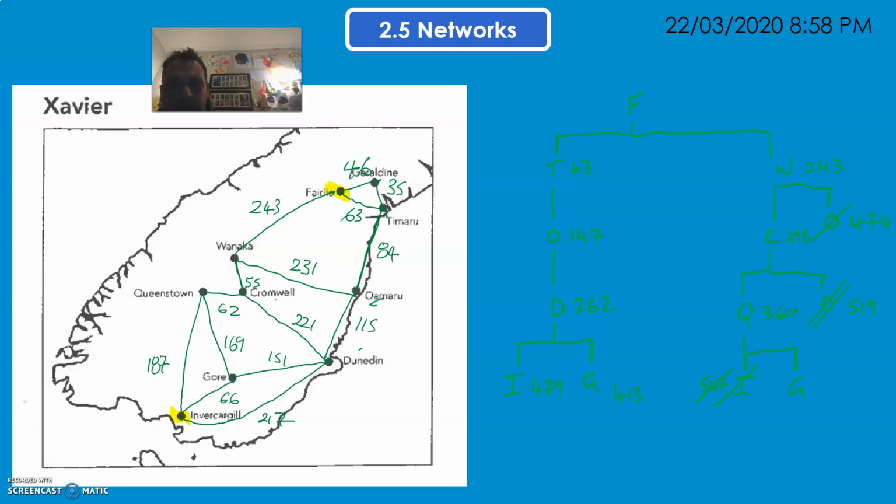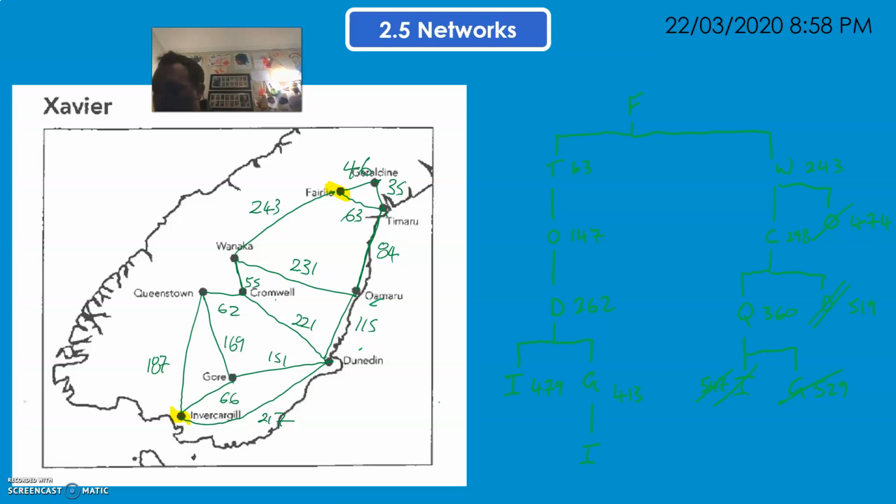And if I go from Queenstown to Gore, I have to add 169. So 360 plus 169 equals 529, which again is no good because I've got the 413. So the last option is to go from Gore to Invercargill, to which I have to add 66.